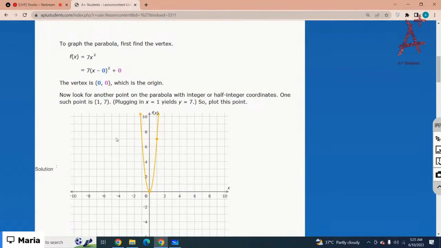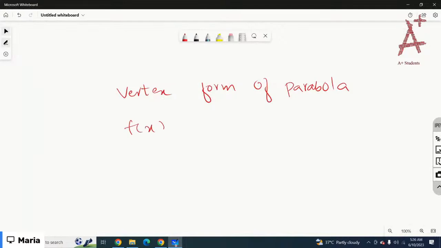Let me just check. That is f of x equals a times x minus h whole square plus k. Got it? So the vertex form of the parabola is f of x equals a times x minus h whole square plus k. So you have to write down the equation in this form. Got it?